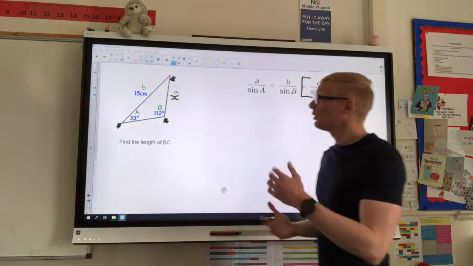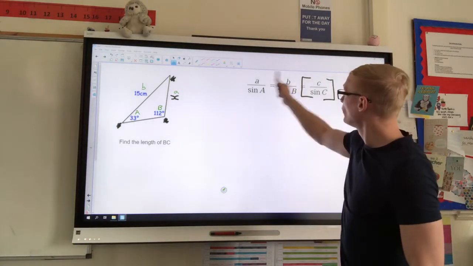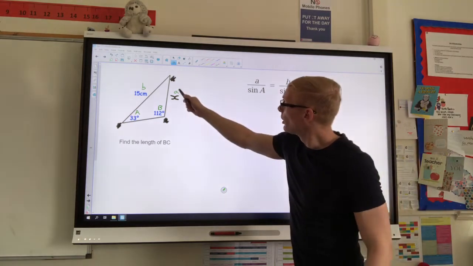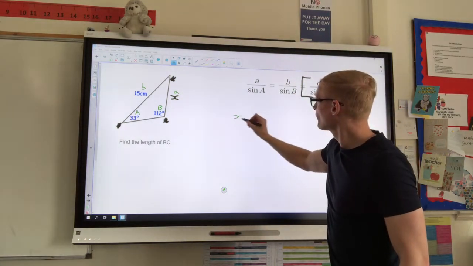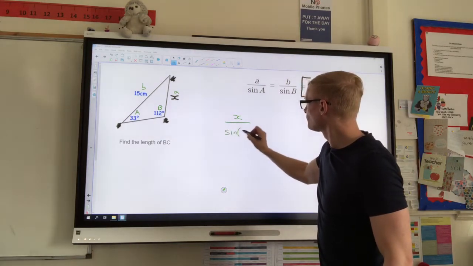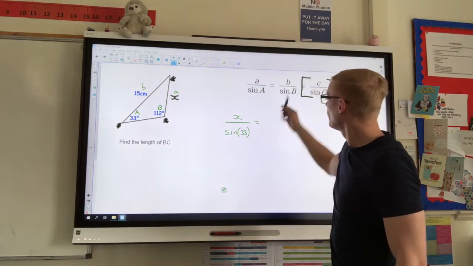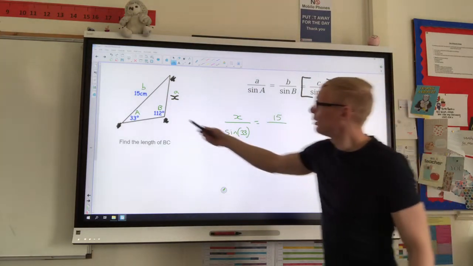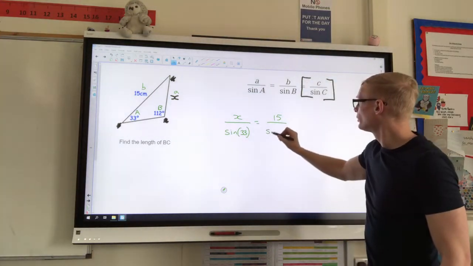So initially, we're looking to substitute into our formula and see how it looks once we've done that. So my side a is x, my sine A is sine 33, my side b is 15, and my angle B is 112.